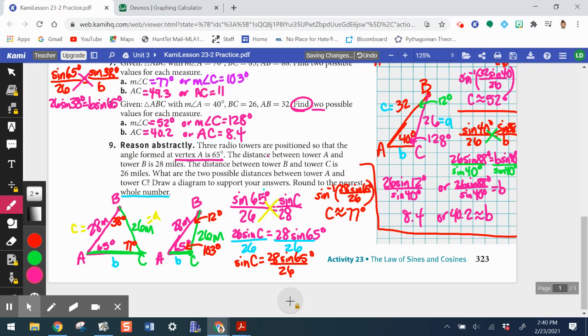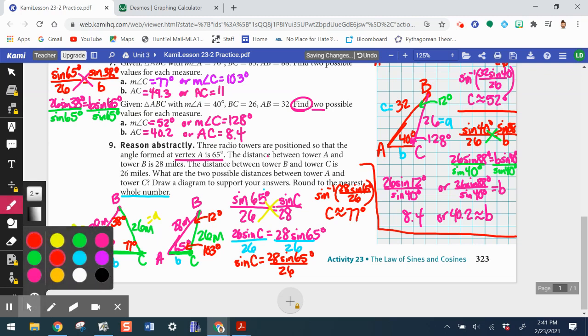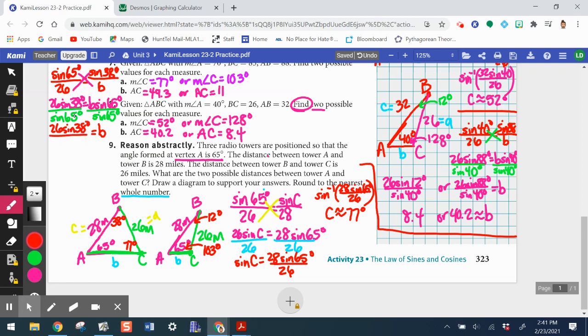Sorry for running into that problem. And since that's b times the sine of 65, to solve for b, we'll divide by the sine of 65 degrees and find that b is equal to 26 times the sine of 38 degrees over the sine of 65 degrees.